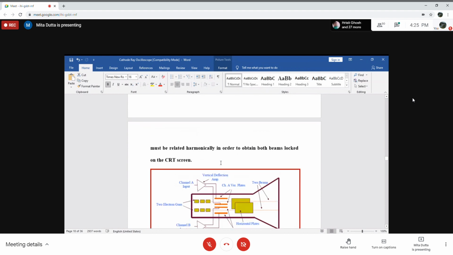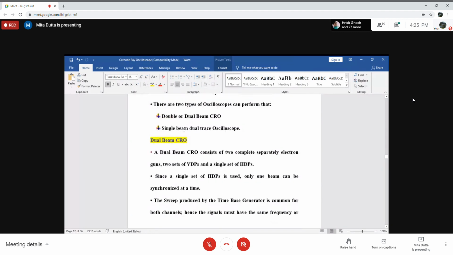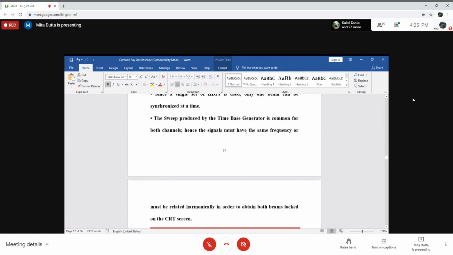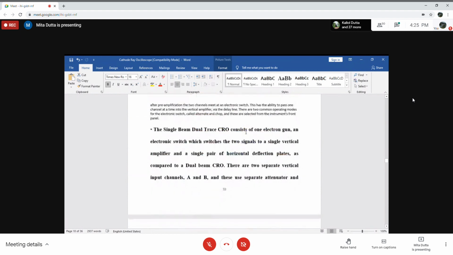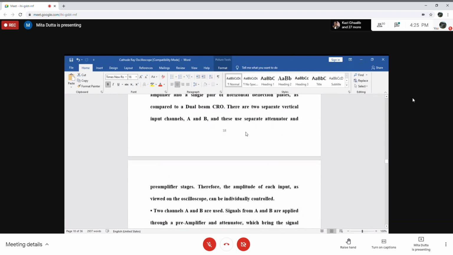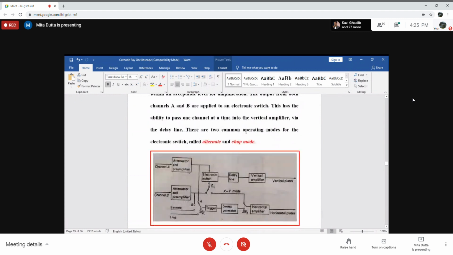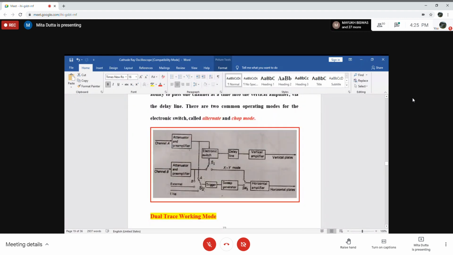In case of a single beam dual trace CRO, we have a single electron gun, so that will be less costly than a dual beam CRO. So this is a single beam dual trace CRO.